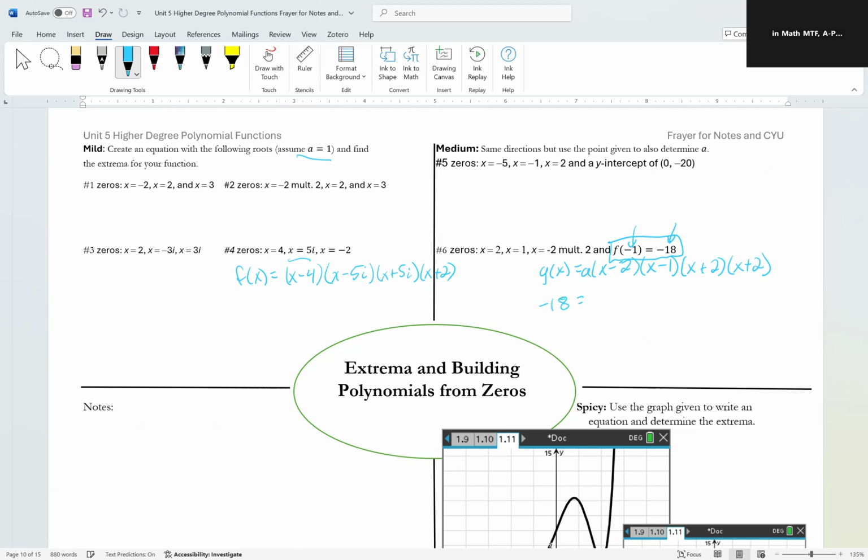So my output of negative 18 equals a times negative 1 minus 2 times negative 1 minus 1 times negative 1 plus 2 times negative 1 plus 2. So negative 18 equals a times negative 3 times negative 2 times 1 times 1. Negative 18 equals 6a, so a equals negative 3.